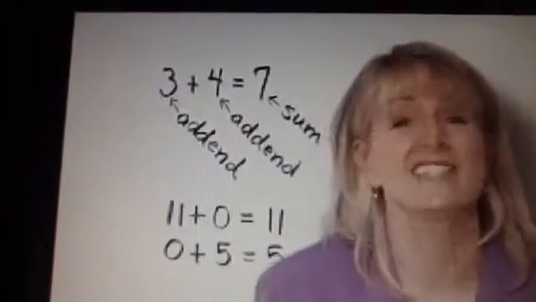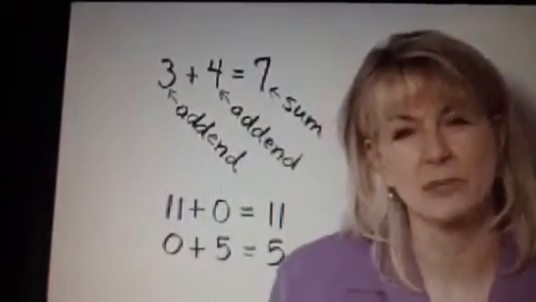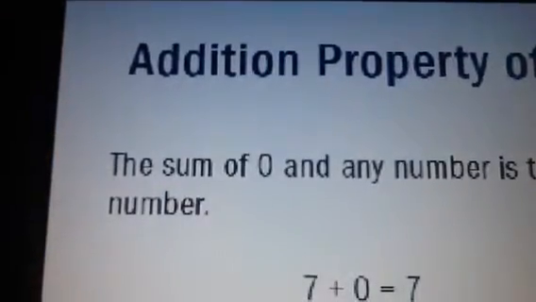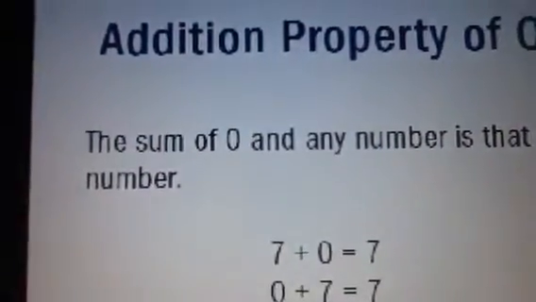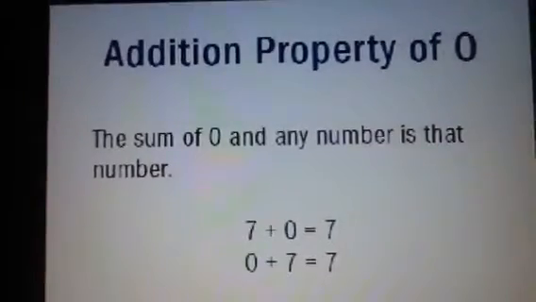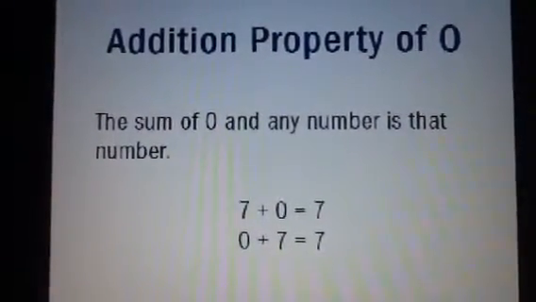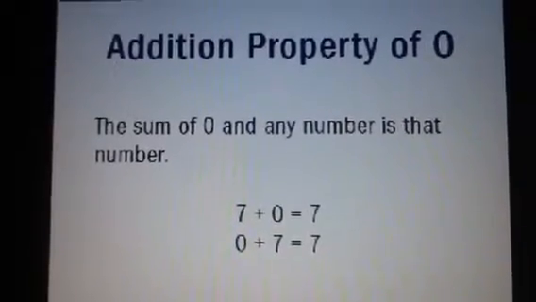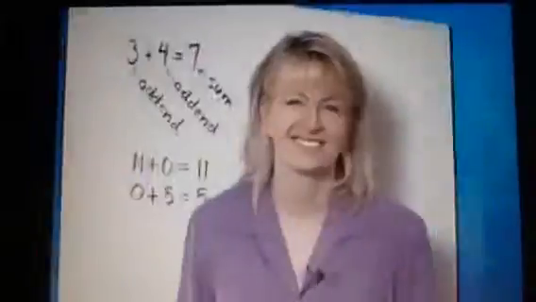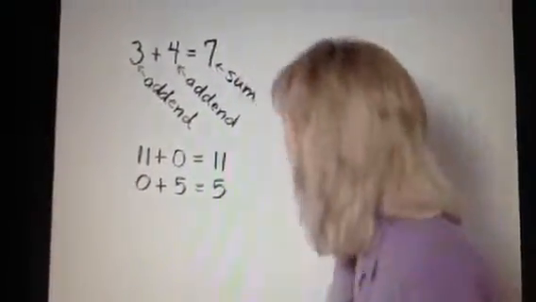So let's look at that addition property of 0 just to remind ourselves. The addition property of 0: the sum of 0 and any number is that number. For example, 7 plus 0 is equal to 7 and 0 plus 7 is equal to 7. So we reviewed that property.